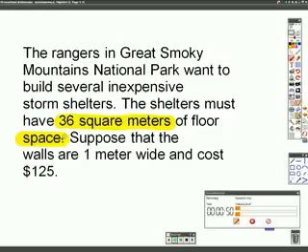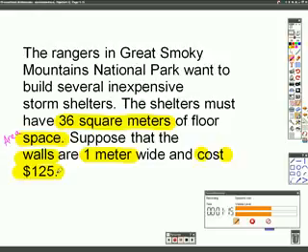That will also indicate that we're talking about area. On the last line, we want to highlight that the walls are 1 meter wide and the cost of each wall is $125.